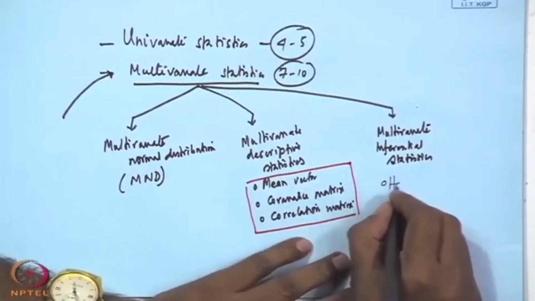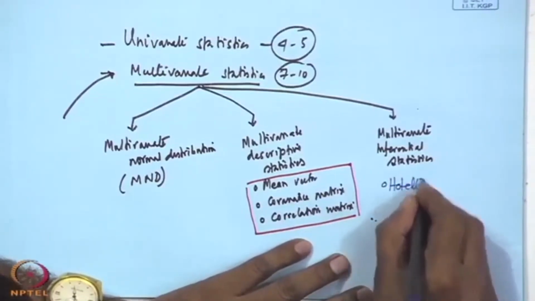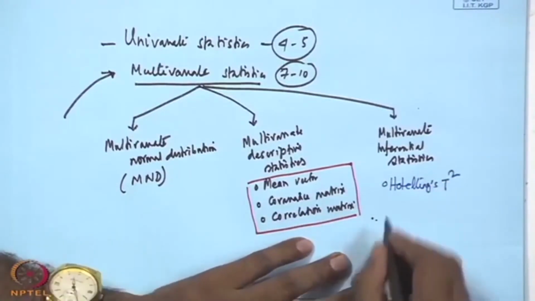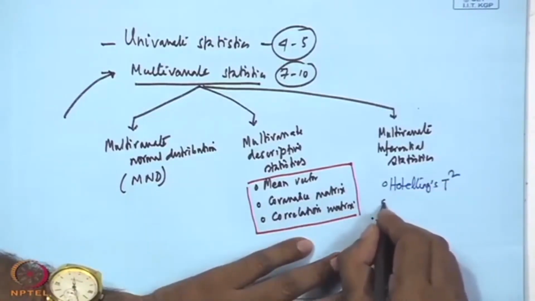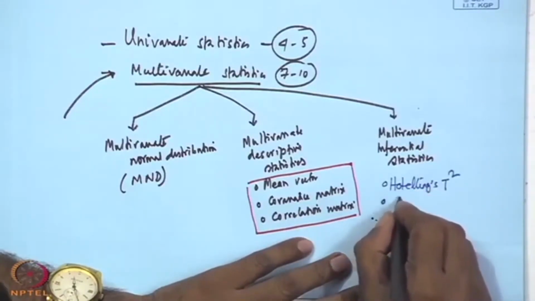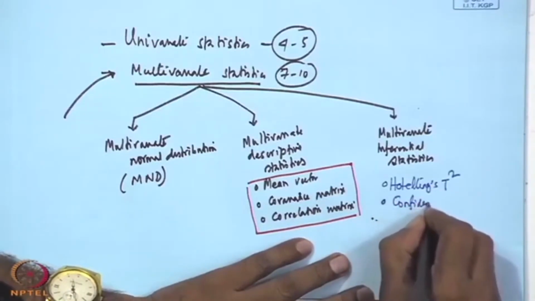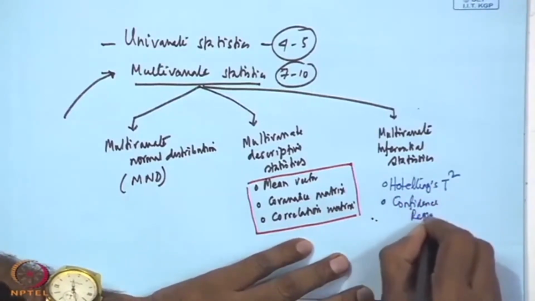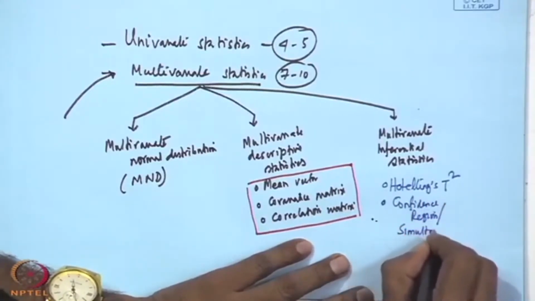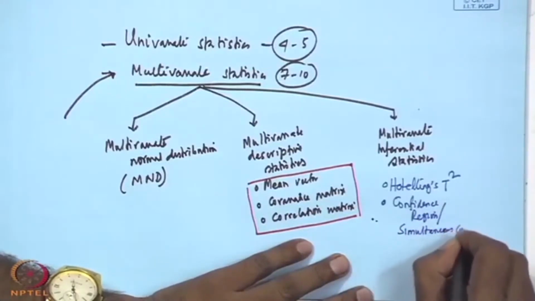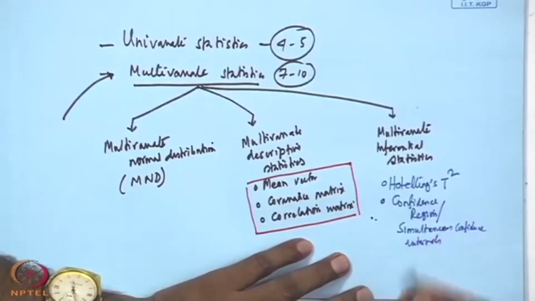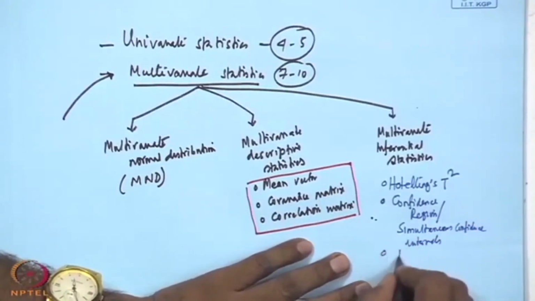First is Hotelling T-square, then the confidence region and simultaneous confidence intervals, then hypothesis testing.